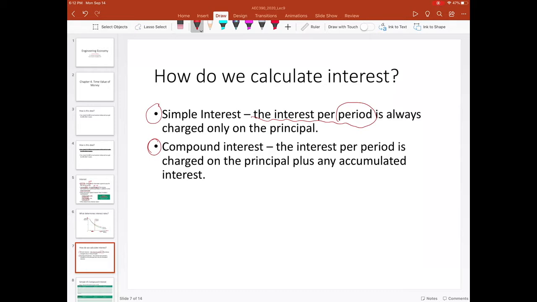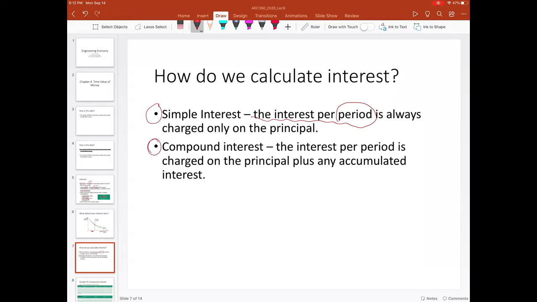So that interest period will be a year. So every year is one period. It could also be every month, like your credit card. Your credit card will be paid back every month, right? So at the end of every month, the credit card company will calculate how much interest you owe them, okay? And that one month is one period.